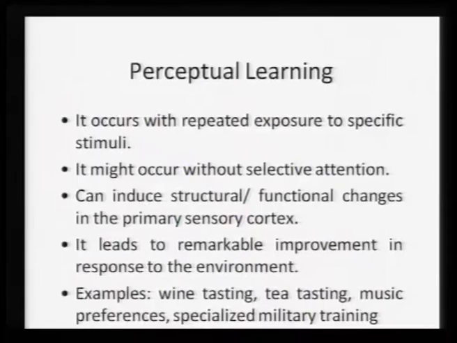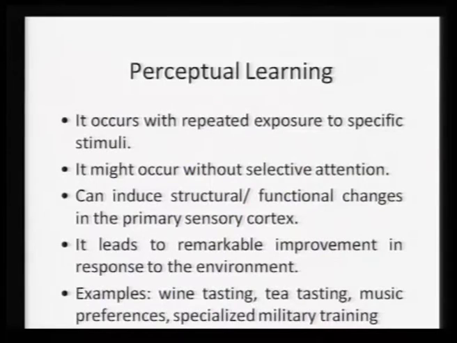The difference lies in perceptual learning, and primarily perceptual learning refers to the fact that one could have repeated exposure to a specific stimulus. If you are exposed to repeated types of specific stimulation, then this repetition of stimuli actually leads to perceptual learning, and remember that it might occur without selective attention.